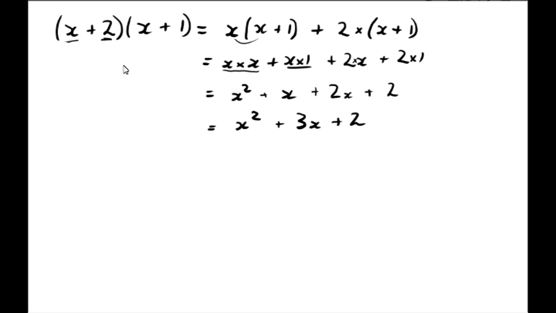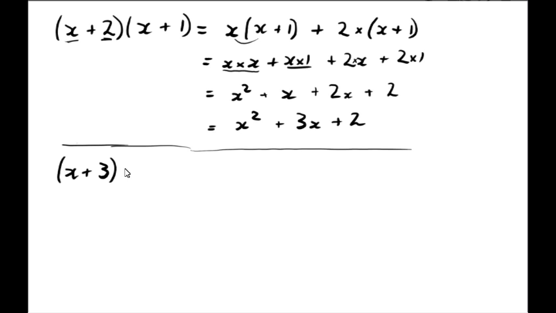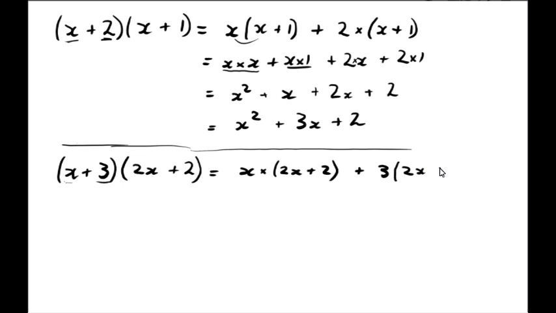Okay, so it's applying what we know into something that we don't know yet. Something a little bit harder, let's say x plus 3, and let's say 2x plus 2. So let's start with our first x and multiply it by the second lot of brackets. The second number, the second lot of brackets.